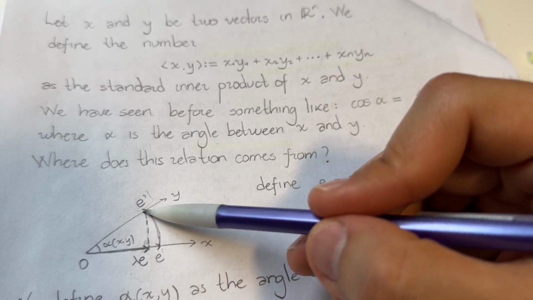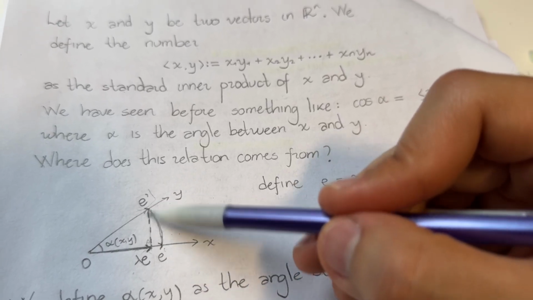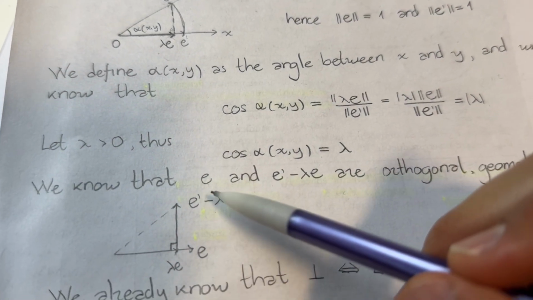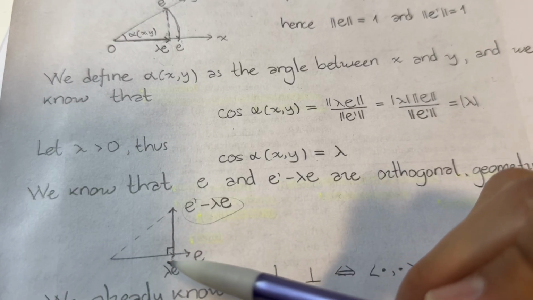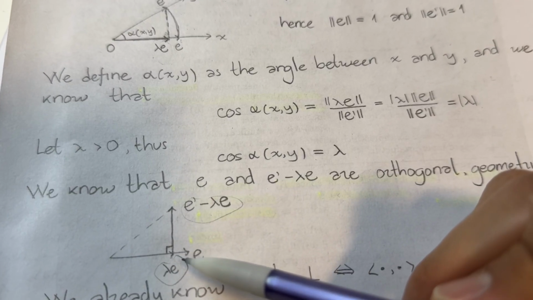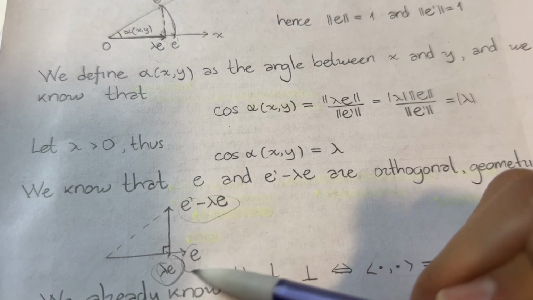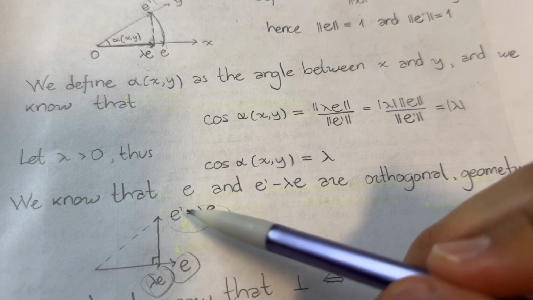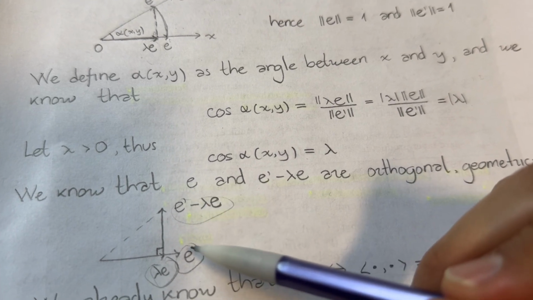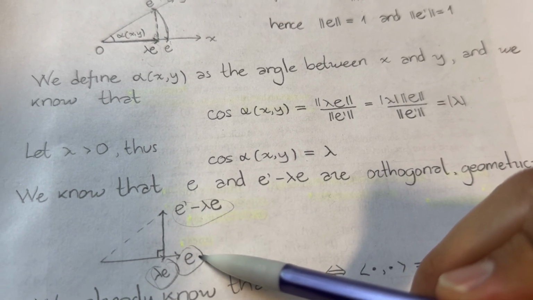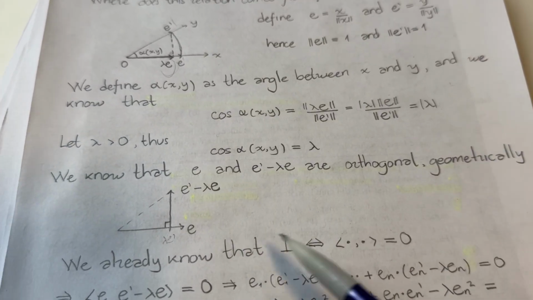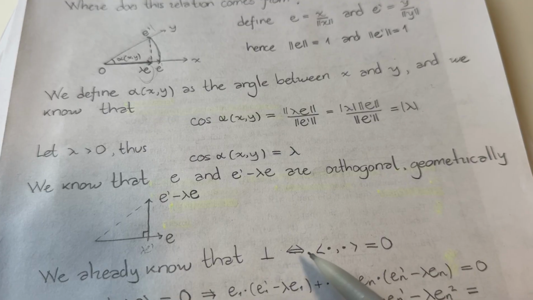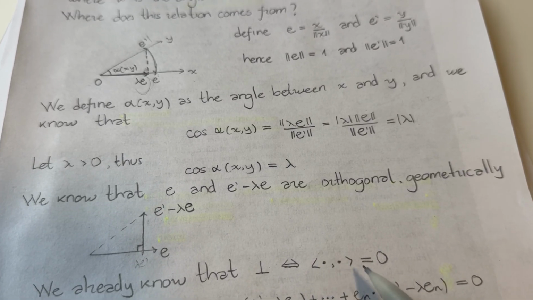By definition we know that this vector here is going to be orthogonal to this vector here, but since this vector and this vector are parallel, this also implies that E prime minus lambda E is orthogonal to E. We already know that being orthogonal or perpendicular is the same as having inner product equal to 0.